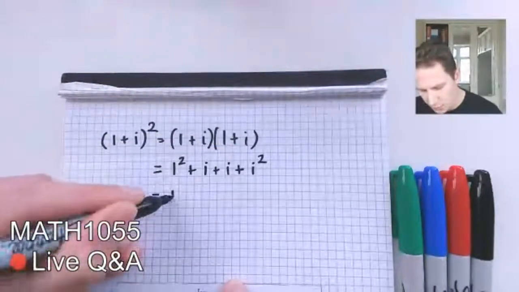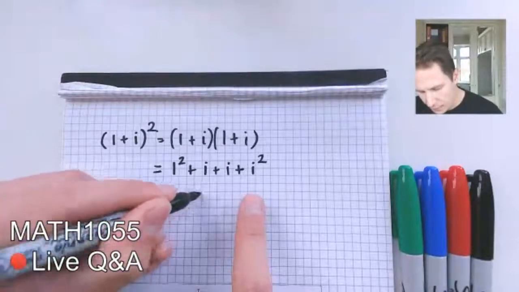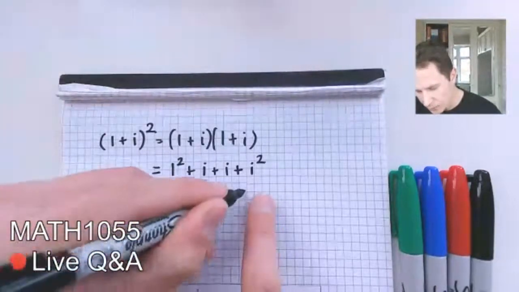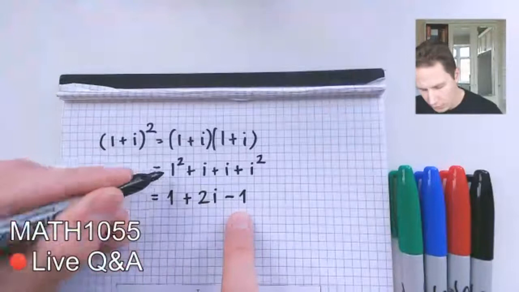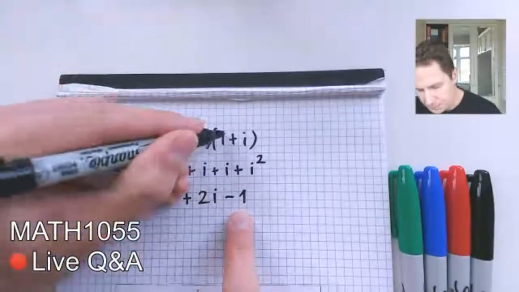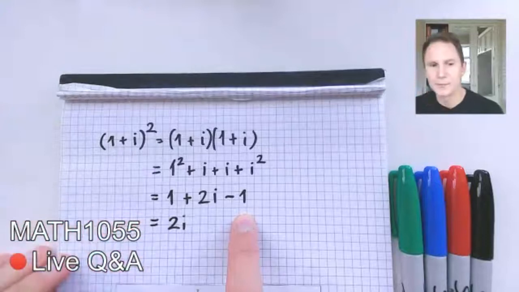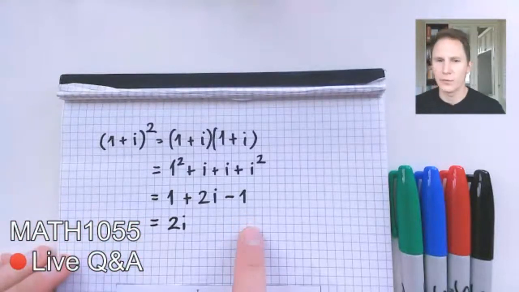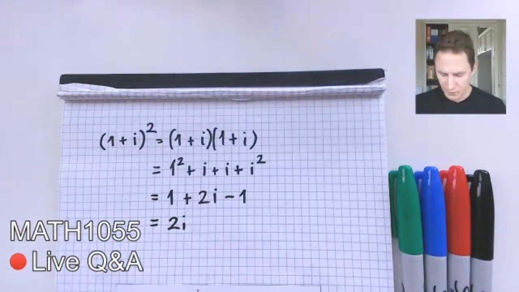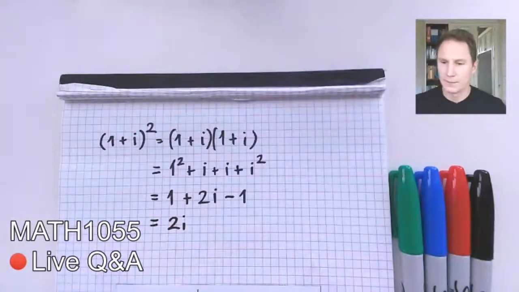And this is where you use that i squared is equal to -1. So the ones cancel, and you get 2i for your answer. Okay, that's it. It was a simple calculation. You probably could do it in your head. So this is something that hopefully was okay for everyone.